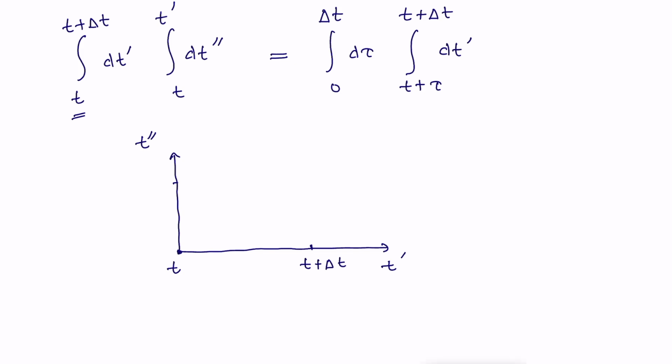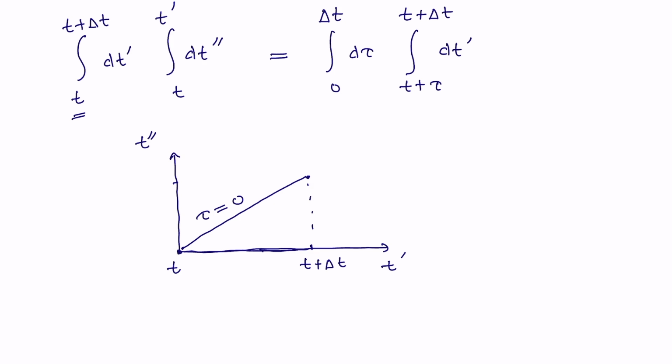So let's say I am going to this point. I am going from here and then going there, or I can do it this way. If I go by this one, here you see t is equal to t dash. That means your tau, which is the difference between t and t dash, is equal to 0 here.